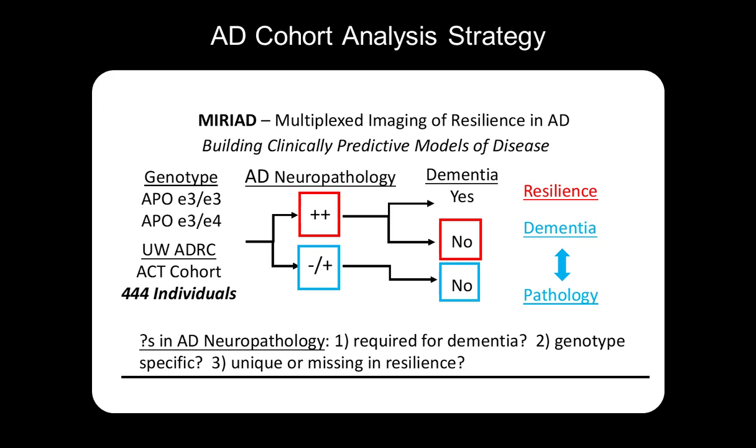Working with some of these ADRC, Alzheimer's Disease Research Consortium samples, what we've identified is that within these patient populations, there are people who donated parts of their body to science and had postmortem neuropathology done.